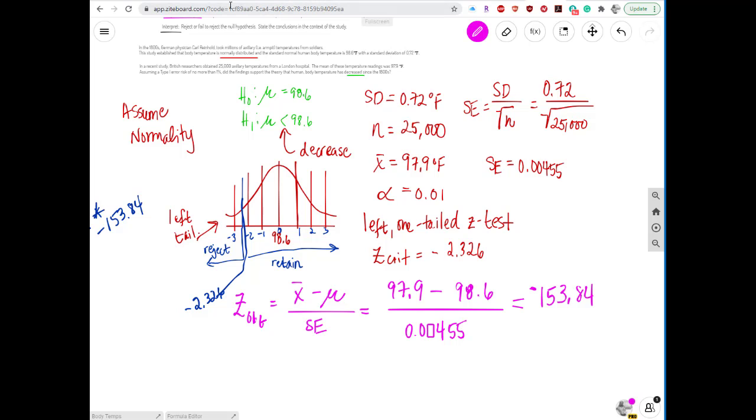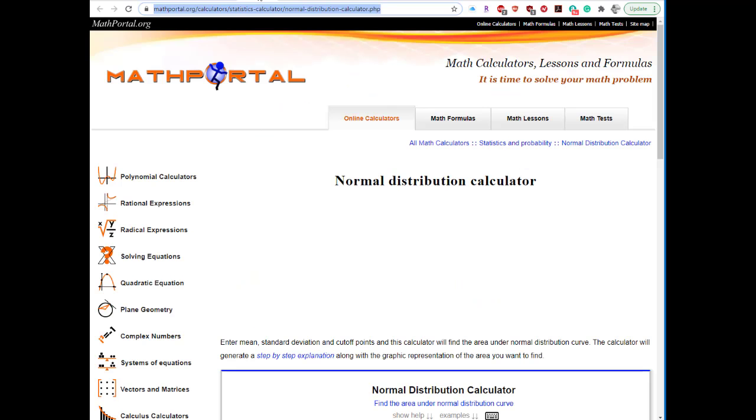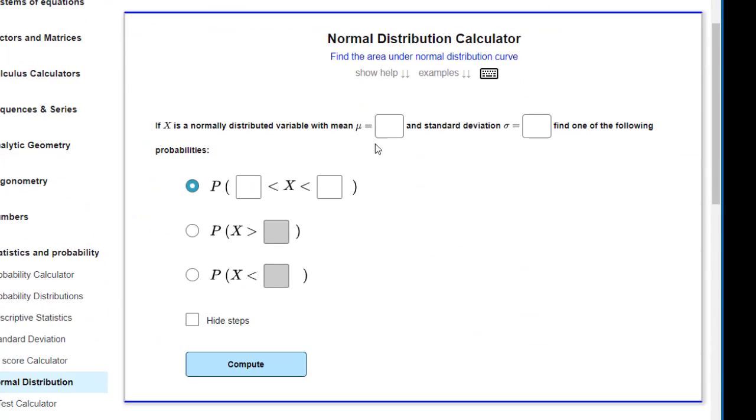All right, so let's see what the probability is of getting a z-score that is negative 153.84. Can you think to yourself what that might be? What do you think? I'm going to look at the mean, which was 98.6, and this is the mean of the population. Instead of the standard deviation of the population, I'm going to use the standard error of the experiment, and that was 0.0046, okay?